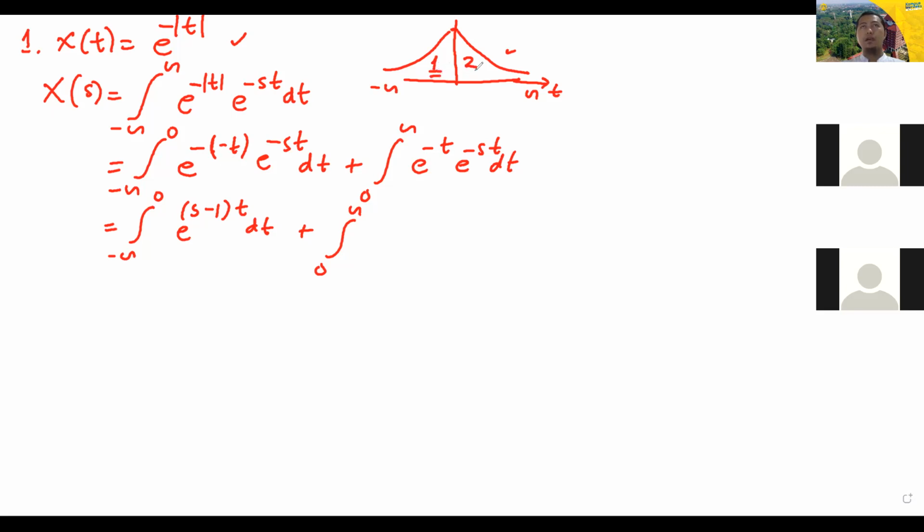This is the first area, this is the second area.